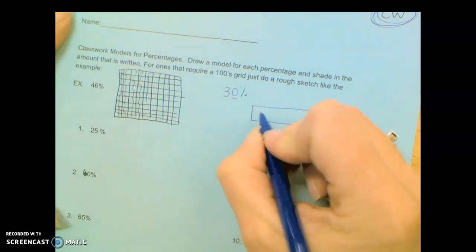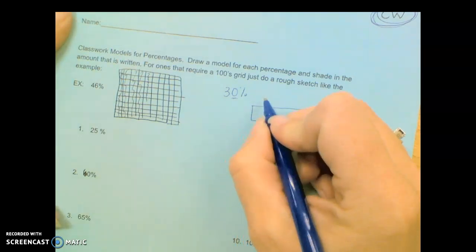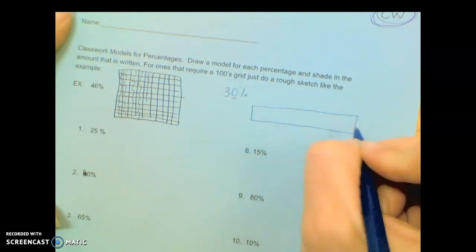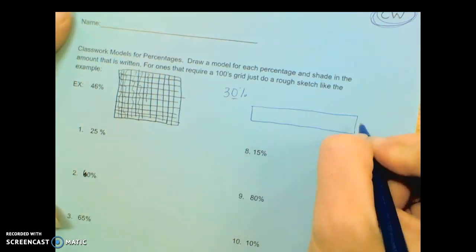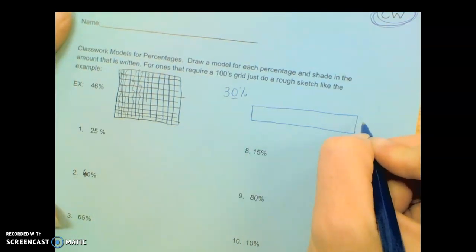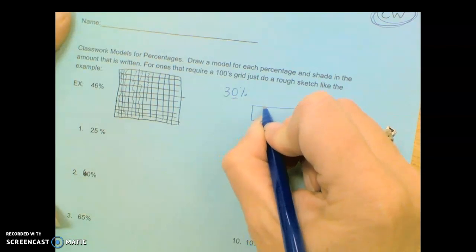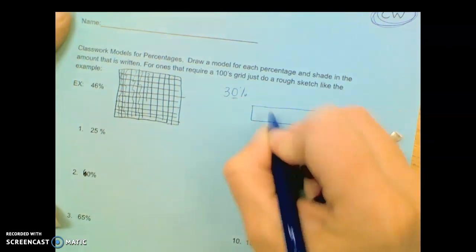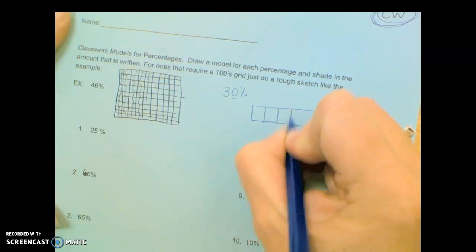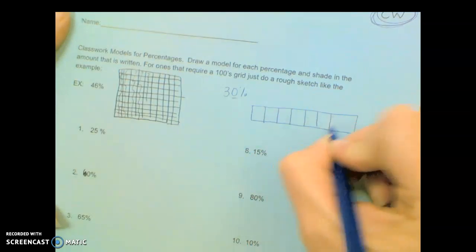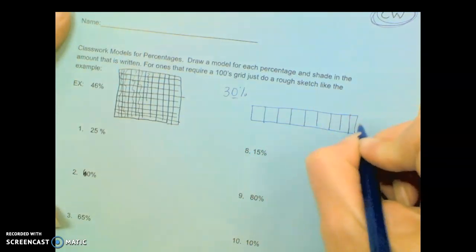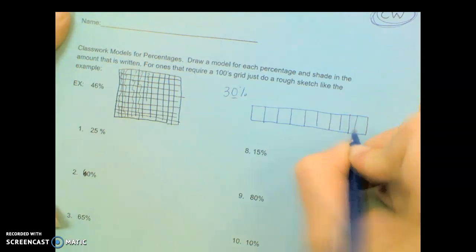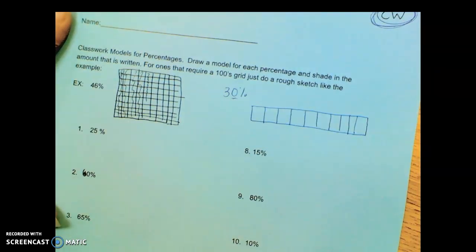I would divide it into 10 pieces. A really smart girl told me that if I draw just one less line than the amount of boxes I need, I'd get the right amount of boxes. So I draw 9 lines because I need 10 boxes. 1, 2, 3, 4, 5, 6, 7, 8. I need one more line, so I just add on because I just didn't judge it correctly, and that's totally fine.